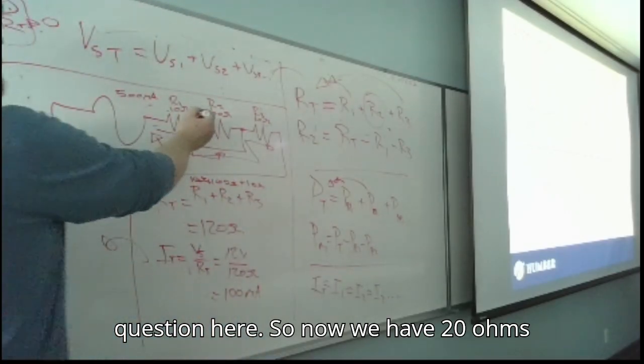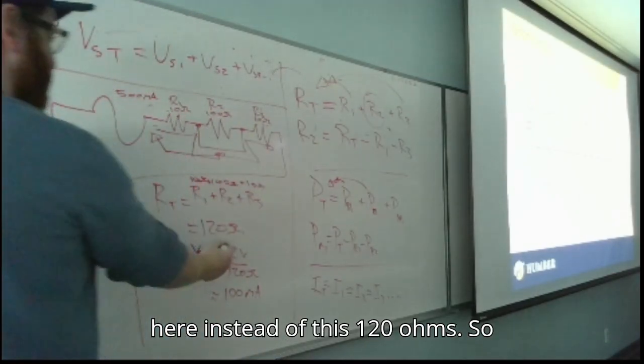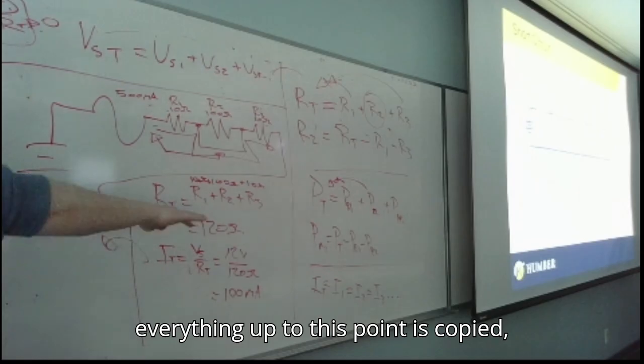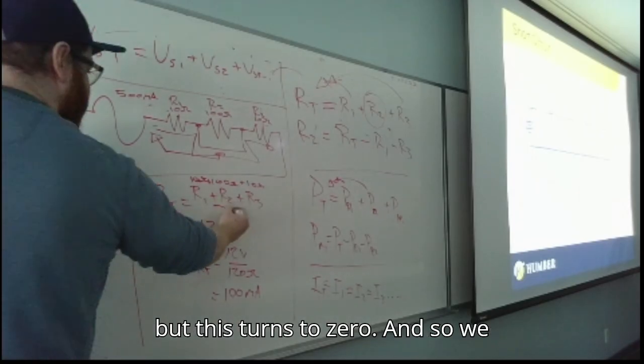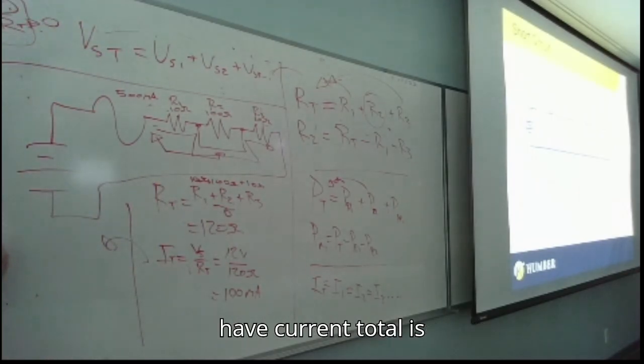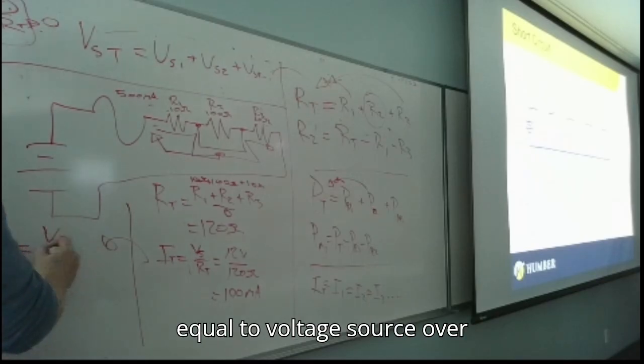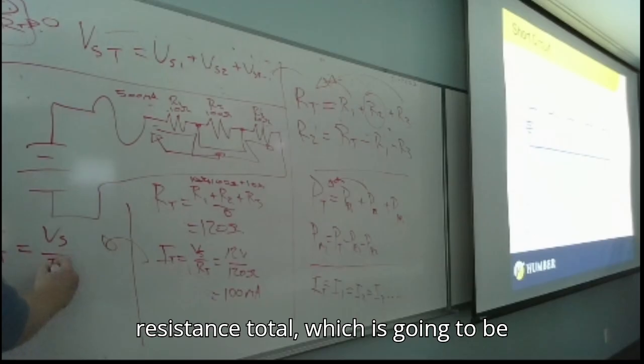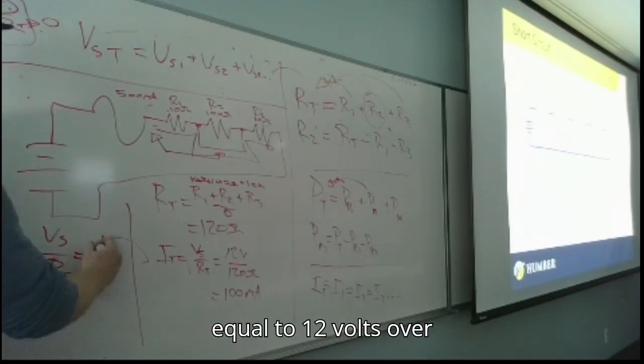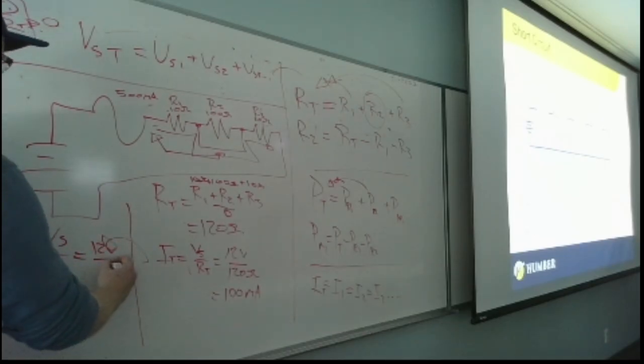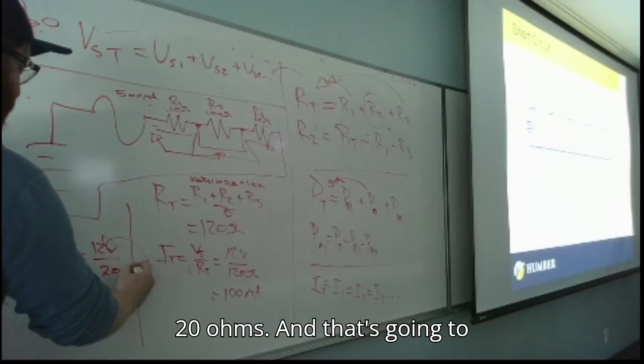So back to the question here. Now we have 20 ohms here instead of this 120 ohms. Everything up to this point is copied, but this turns to 0. And so we have current total is equal to voltage source over resistance total, which is going to be equal to 12 volts over 20 ohms.